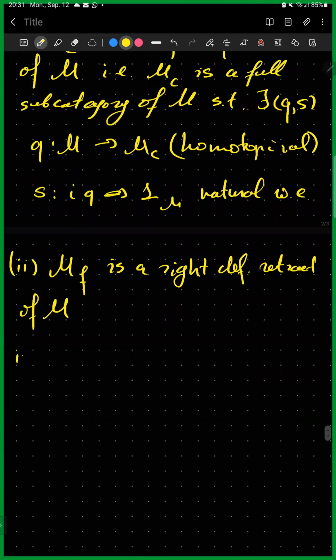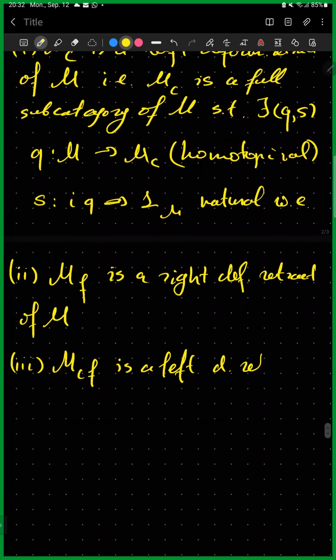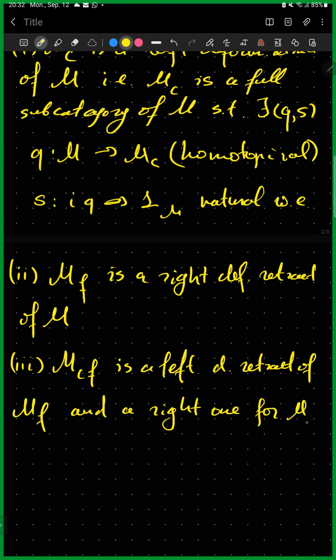Finally, the category MCF is a left deformation retract of MF, and a right one for MC.